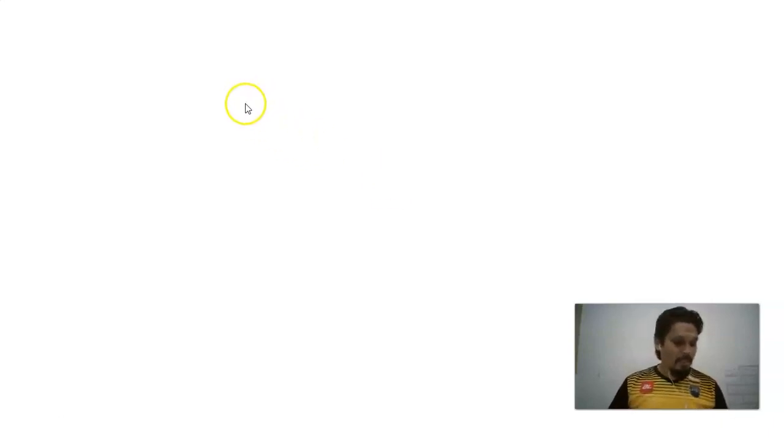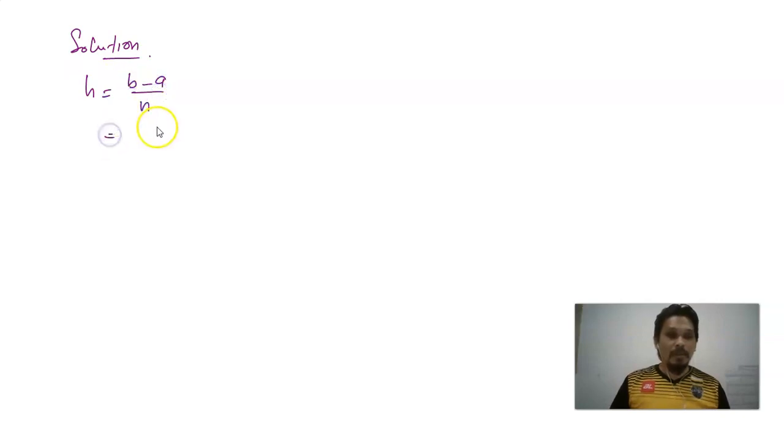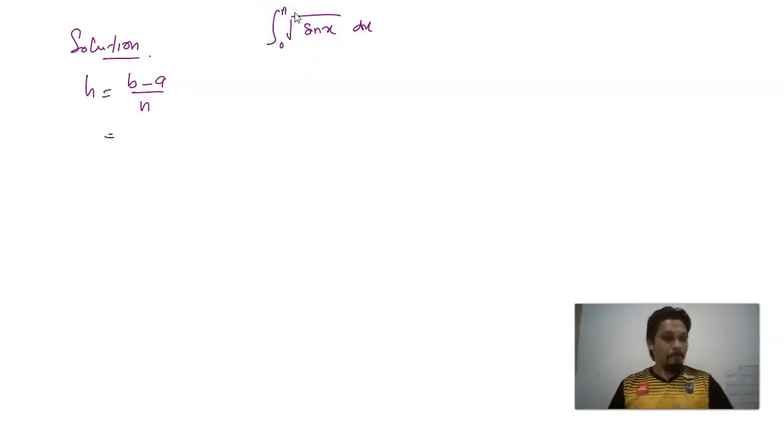Okay, so then the solution for this one, where h equal to b minus a divided by n. We rewrite the function here, integral of square root of sine x dx from 0 until pi. So now b, which is pi, minus a, 0, divided by n.